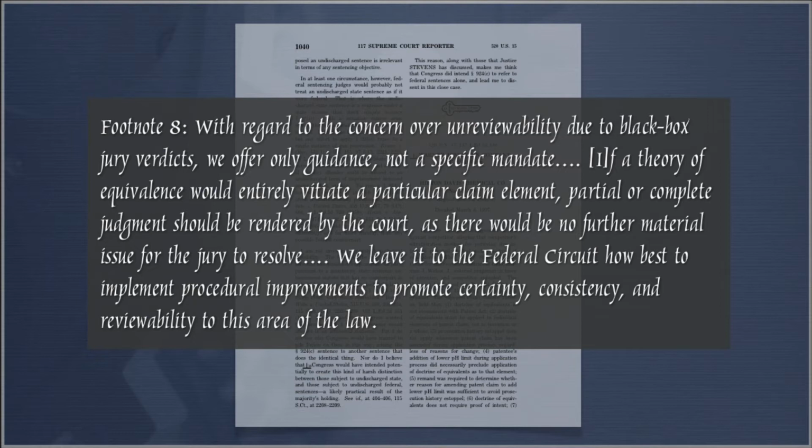And one of the important things that they said about halfway through is that if a theory of equivalence would entirely vitiate a particular claim element, partial or complete summary judgment should be rendered by the court, as there would be no further material issue for the jury to resolve. So what does that mean in the context of the all elements rule?